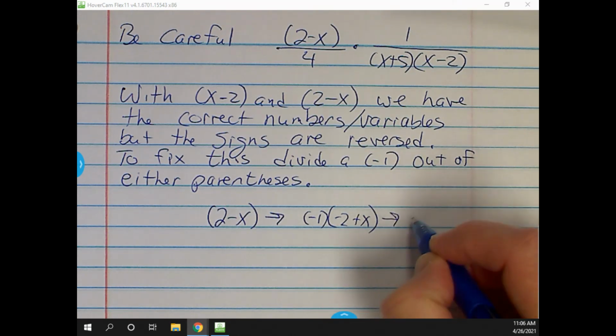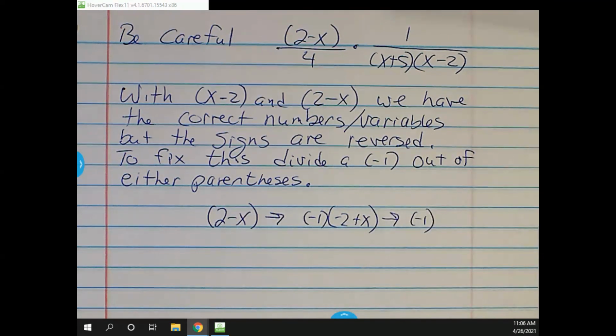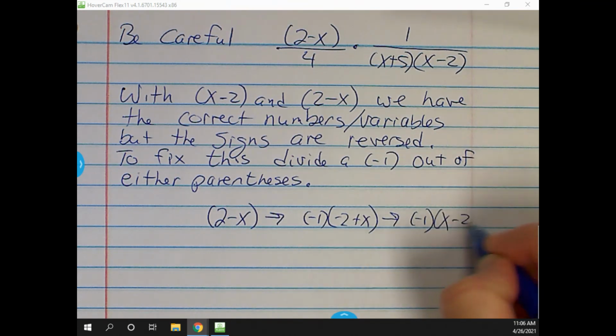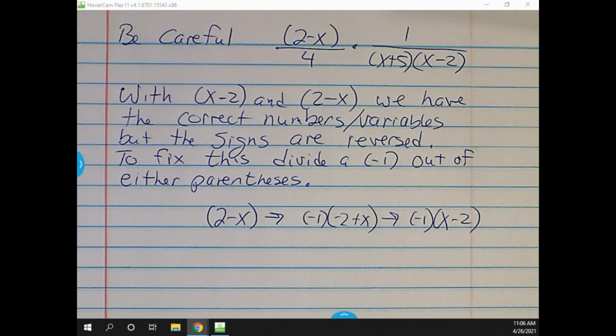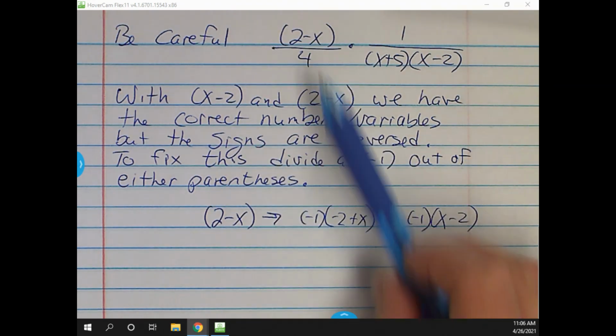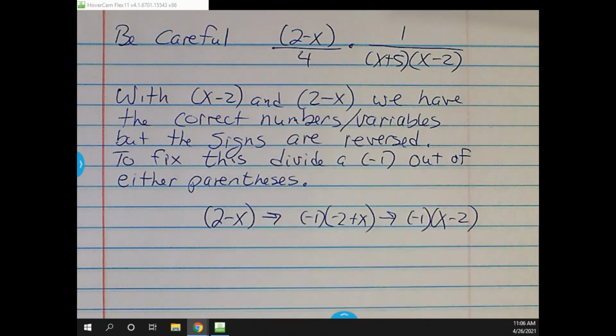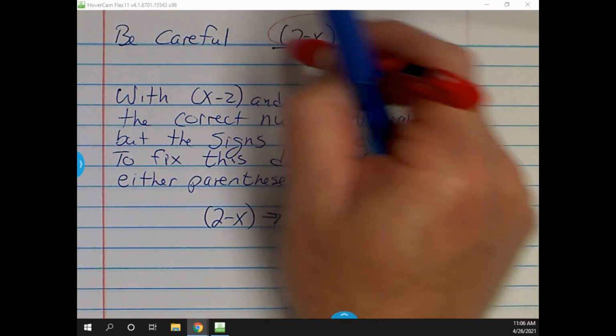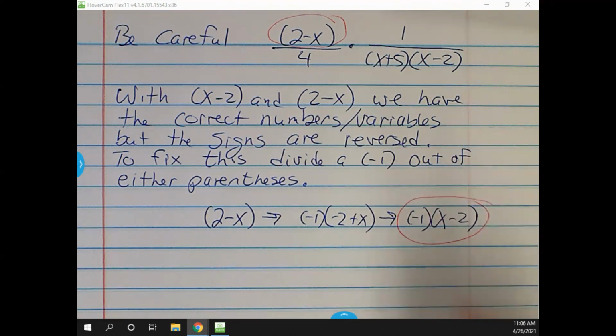All right, and then we're just going to rewrite it so we can see how it would normally look. We're going to reverse these two around, put the x first and then the minus 2 second. Now, if we take this original problem we had up here, we take out the 2 minus x and replace it with this.